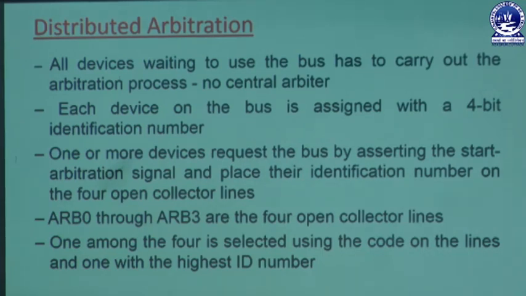So this is the concept of distributed arbitration. Any device can request the bus from the processor, and when it requests, it sends the start arbitration signal with the identification number assigned to that device using the 4 collector lines.